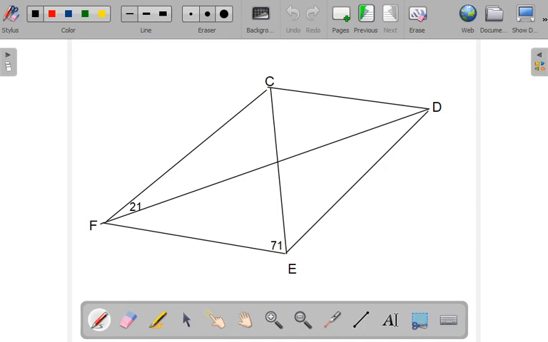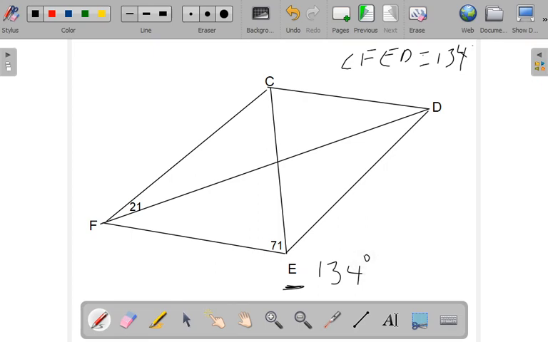So it gives us that this tiny angle is 21 degrees and the other angle is 71 degrees. And let's say that it also gives us angle FED equals 134 degrees. It's supposed to be 4. Okay, so if FED is 134 degrees, that means that this entire angle E is 134 degrees.